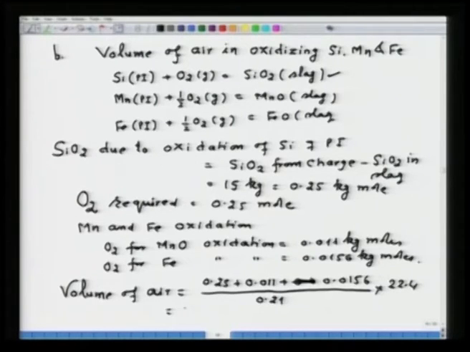So, volume of air will be say 29.5 meter cube at 1 atmosphere and 273 Kelvin. So, that is the answer for this.